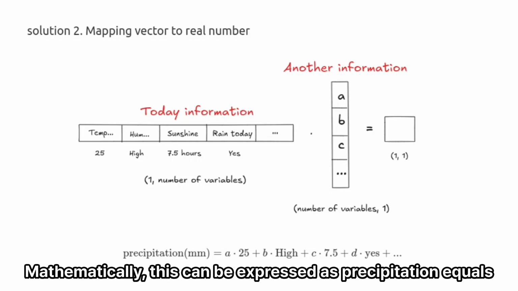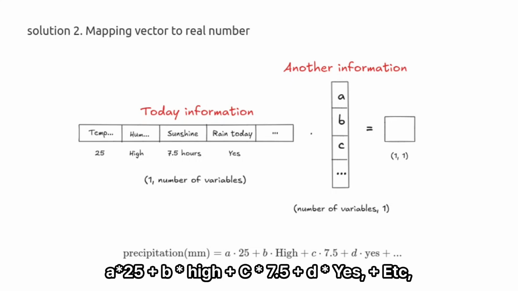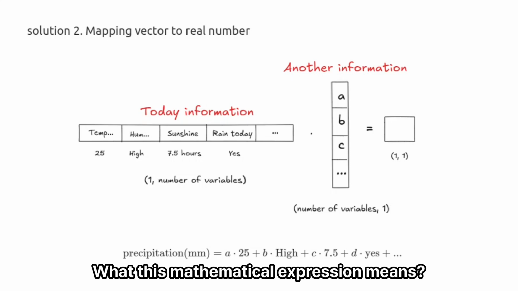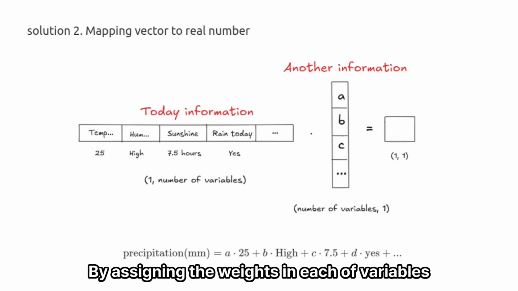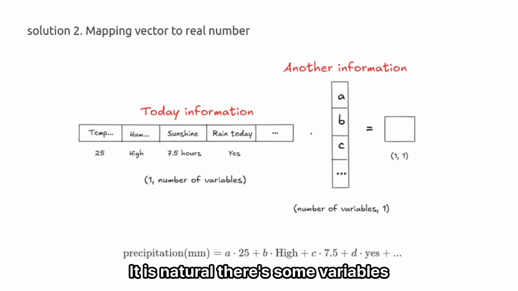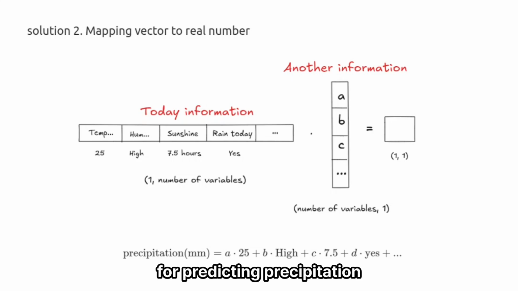Mathematically, this can be expressed as precipitation equals a times 25 plus b times high plus c times 7.5 plus d times yes, plus etc. What this mathematical expression means is that it predicts precipitation by assigning a weight to each variable. It is natural that some variables are more important for predicting precipitation, while others are not.